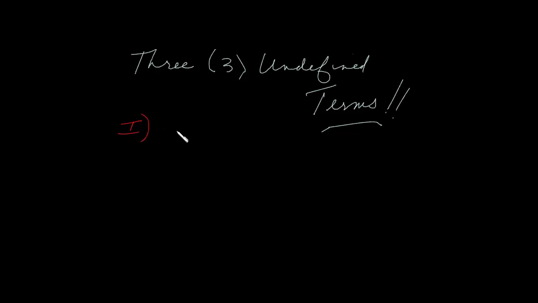The first undefined term is a point. Now, what's a point? A point, of course, intuitively, we're going to make this a little bit larger. Well, let's get to the point. Not to be coy or cute here, but a point would be a dot. That would be a point. Now, that one you may not be able to see, so we're going to make it a little bit bigger. So that would be the point. Now, here's the thing.